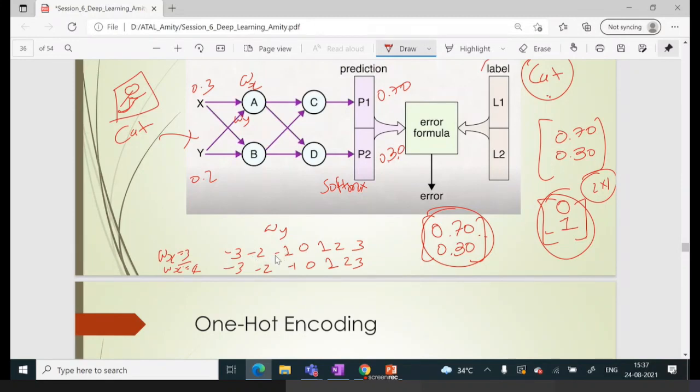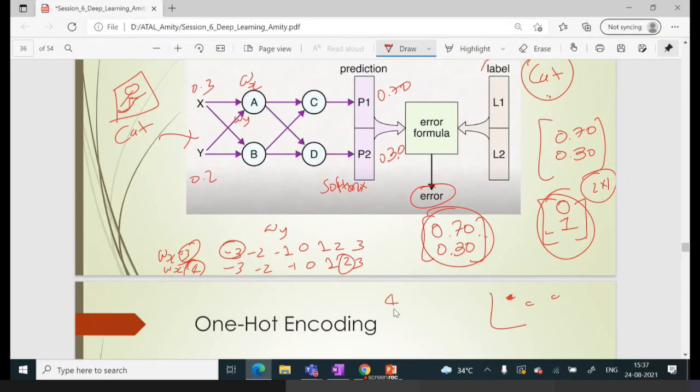I have considered 14 different combinations, and corresponding to that, I can plot the error values. What will happen with respect to error if you take the combination 3, -3? We will plot that particular value here. Similarly, what will happen if you take WX equal to 4 and WY equal to, let's say, 2?